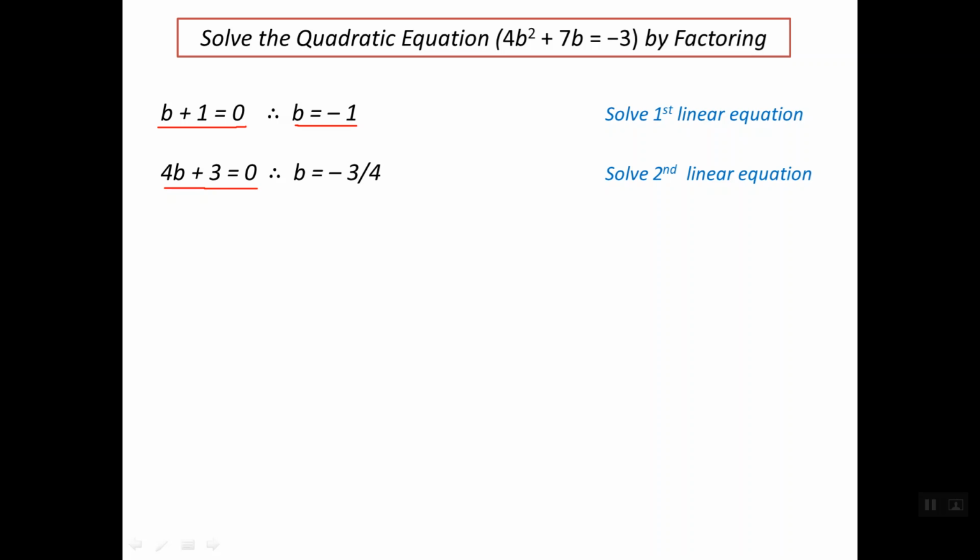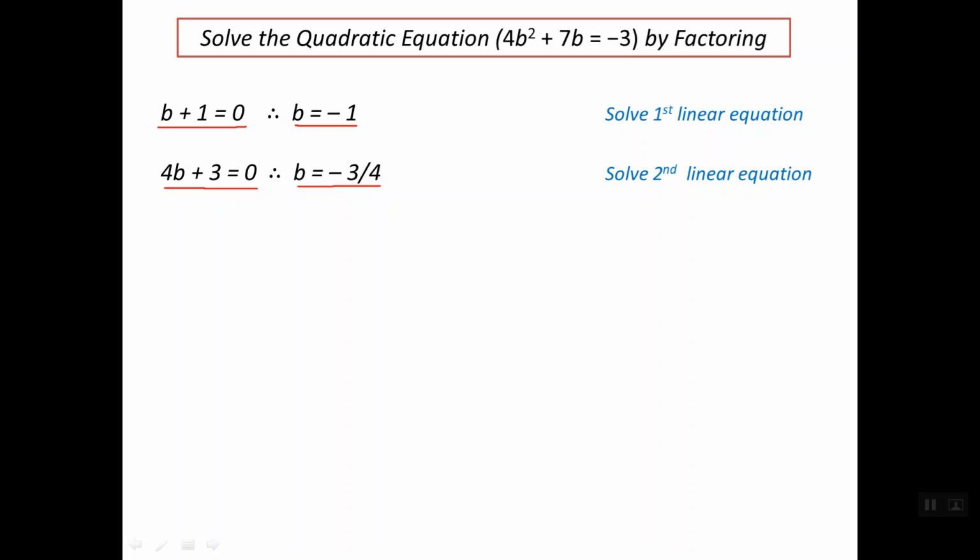So if we divide the equation by 4, then add minus 3 over 4 to both sides, we get the value of b to be minus 3 over 4. So we have here two solutions for b. The first one is minus 1, and the second one is minus 3/4.